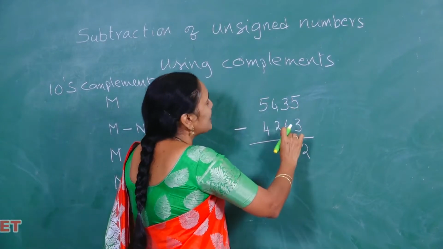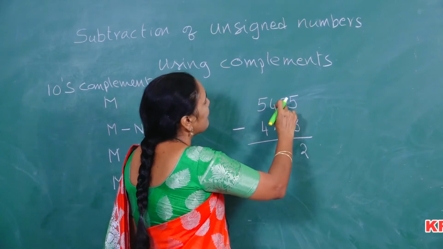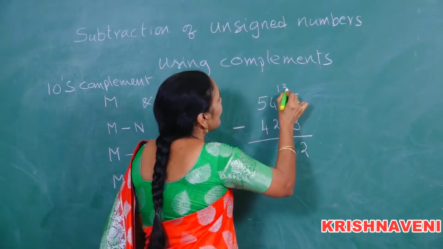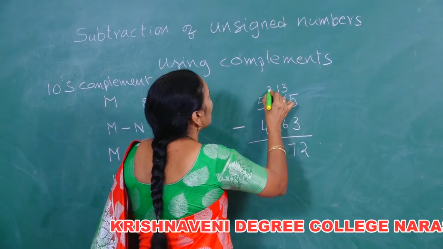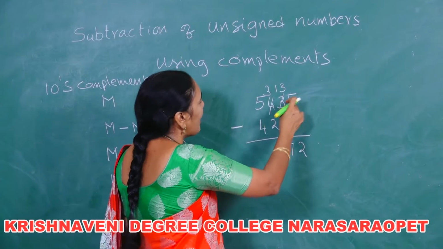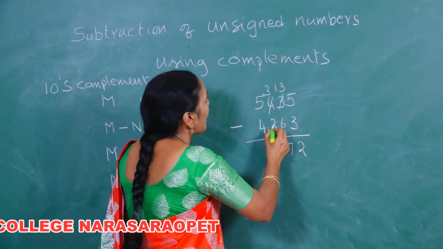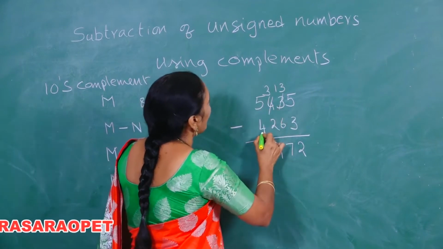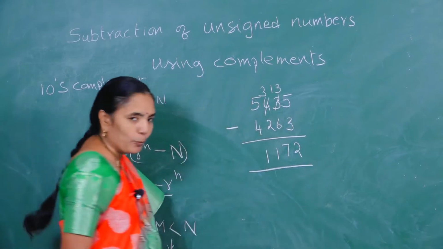From 3, 6 will not go, so I will borrow 1 from the next digit, then it becomes 13. 13 minus 6, that is 7. Now this digit becomes 3 as it has given 1 to the previous digit. Next, 3 minus 2, that is 1, and 5 minus 4, that is 1. The answer will be 1172.